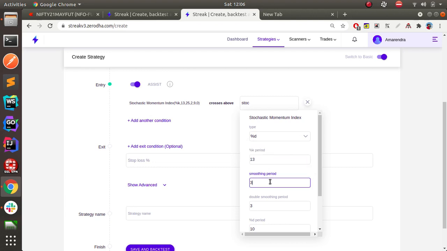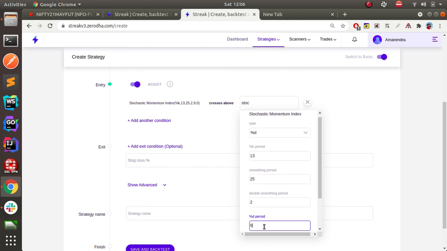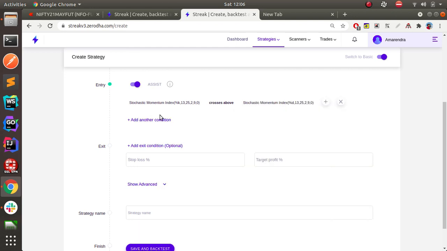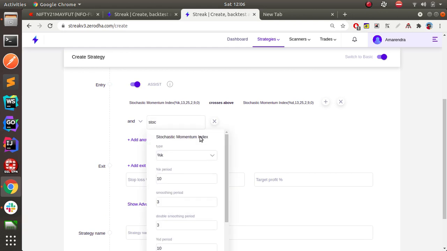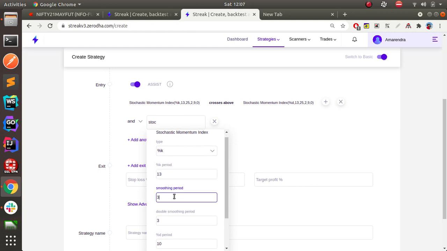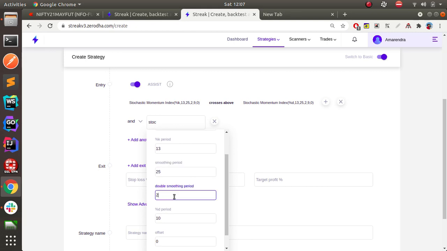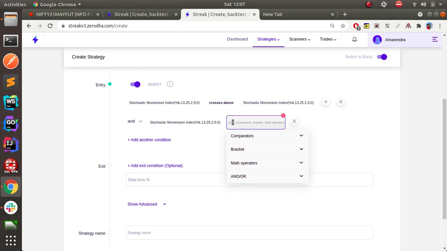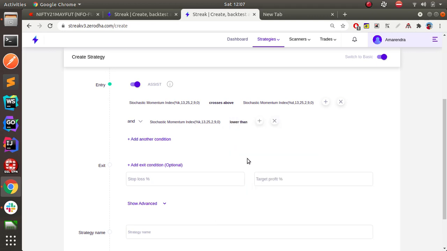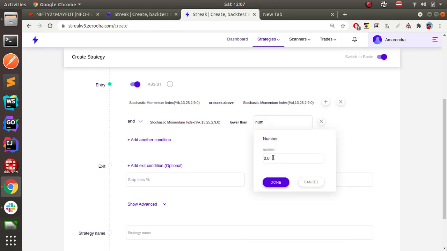Again the same values 13, 25, 2, 9. If it crosses above, and also as we previously discussed, this value should be lower than 40.